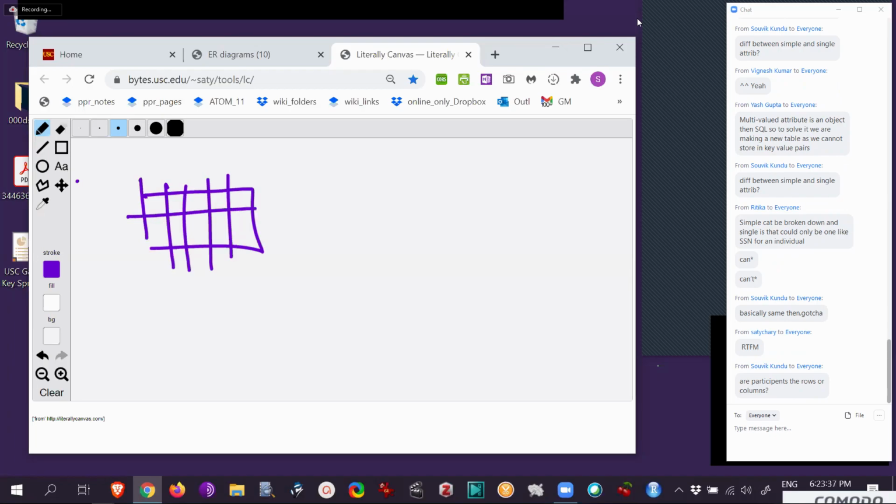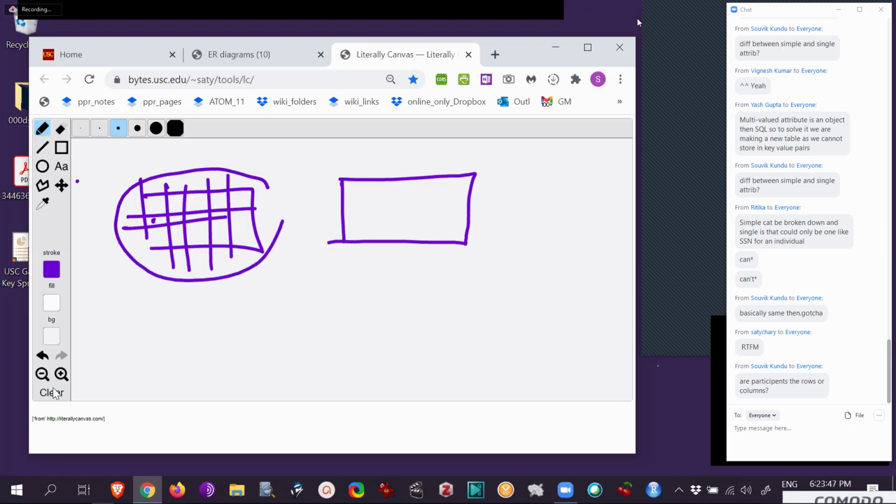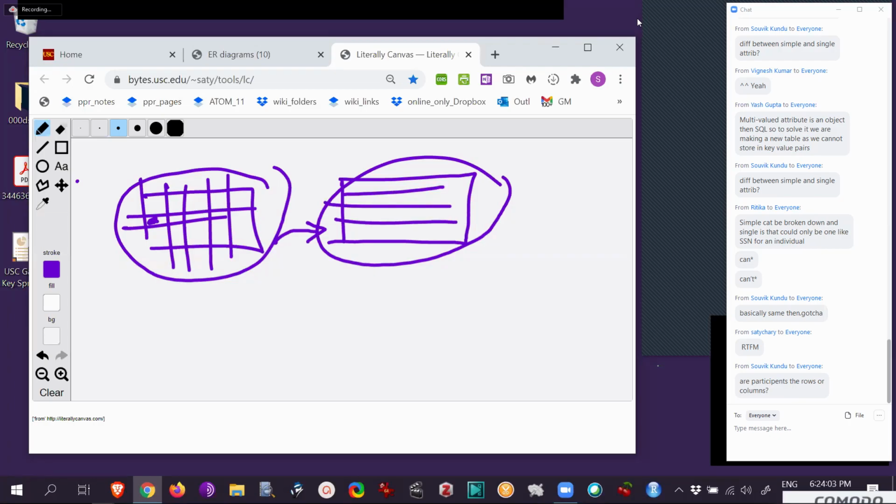Well, no, wait, a participant in this case is the entire entity. So when I say one-to-one, one-to-many, many-to-many, you're saying what is the relationship between one entity with another entity. But in reality, if you look within, you are talking about rows. So one-to-one means this one row, how many rows can it relate to?